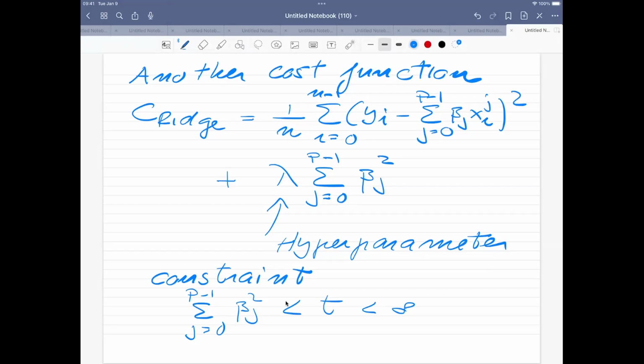This is simply because if this sum blows up, the optimization will just be dominated by the term with lambda. So we don't want that term to blow up, because that will often give us bad results. But the thing now is that we have this lambda as an additional parameter we can use in the optimization.